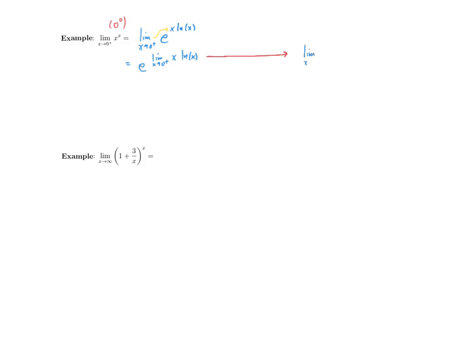So in this case, we have the limit as x approaches 0 from the right of x natural log x. As x goes to 0 from the right, x goes to 0, and the natural log approaches minus infinity. And as we've drawn the graph several times in recent videos, hopefully this is something that you can quickly and efficiently visualize.